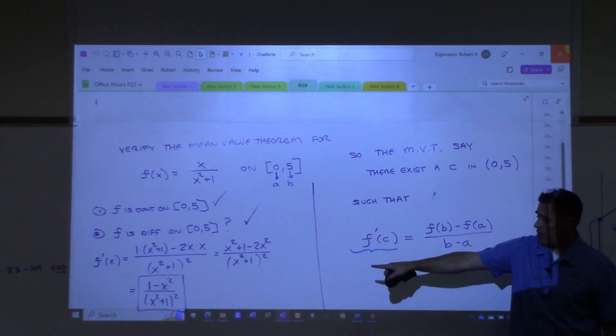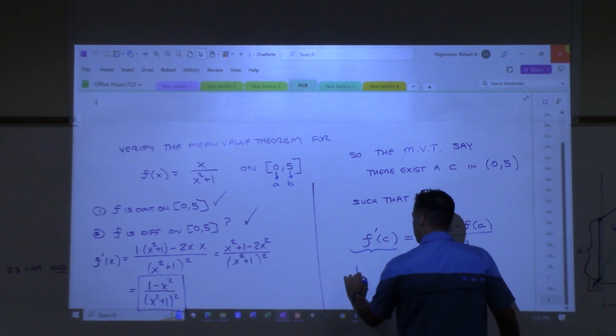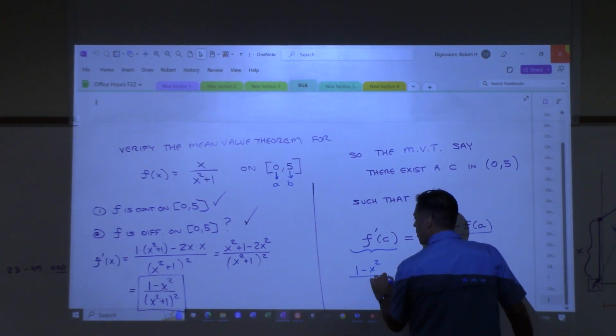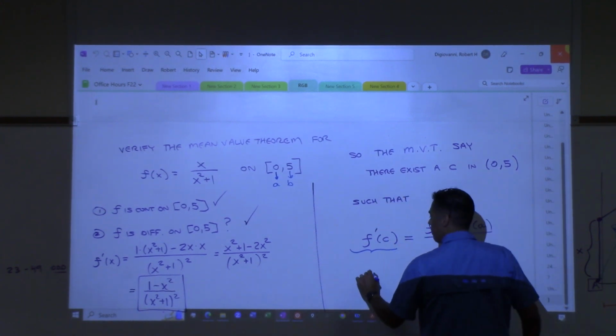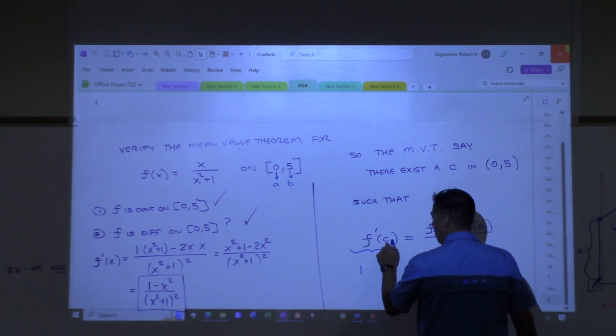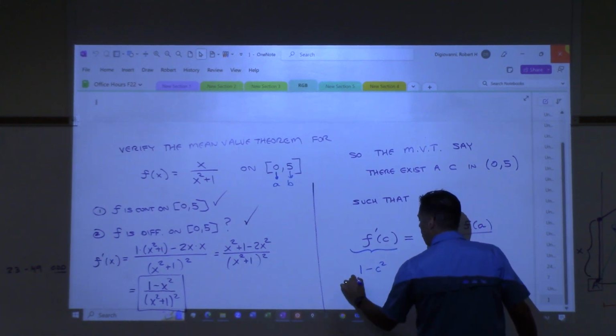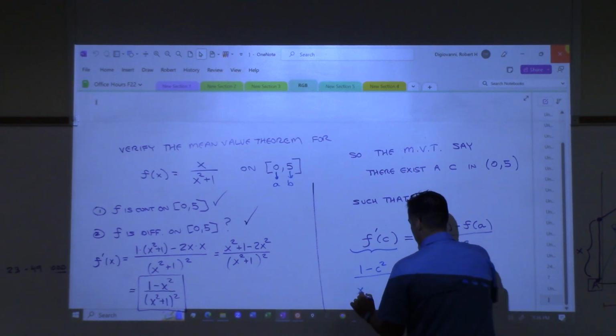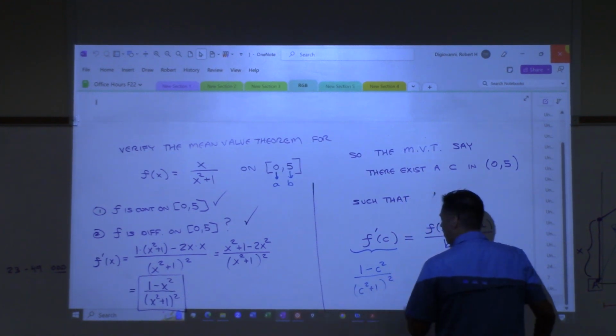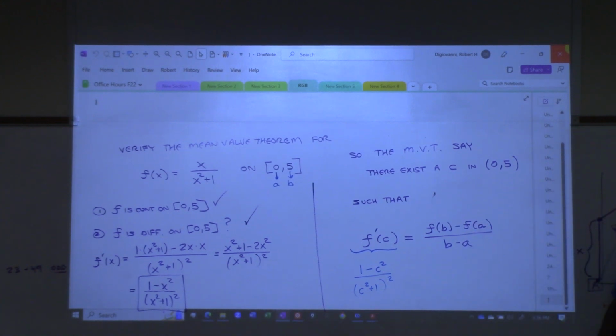Well, there's my derivative, right? 1 minus, if I'm plugging C into it, 1 minus c squared over c squared plus 1, squared. That's the left side.